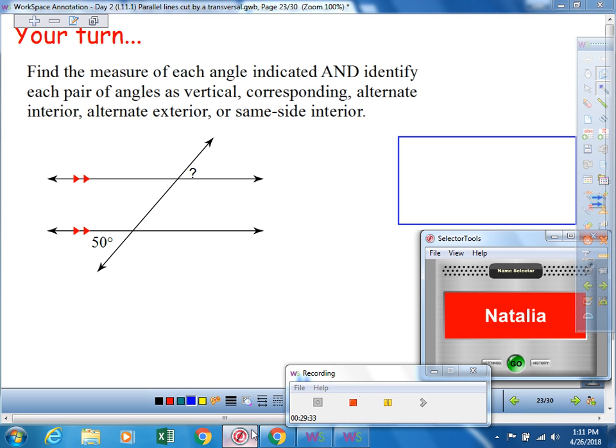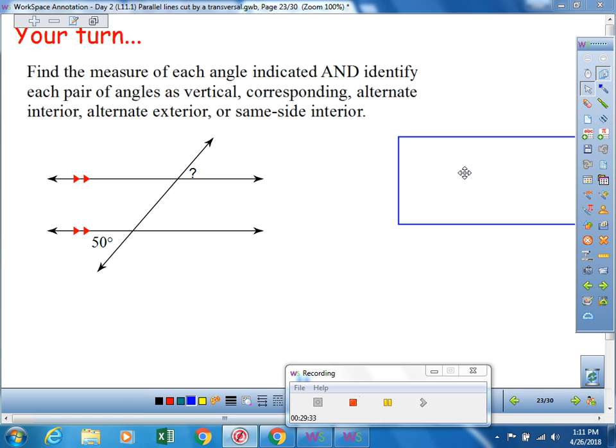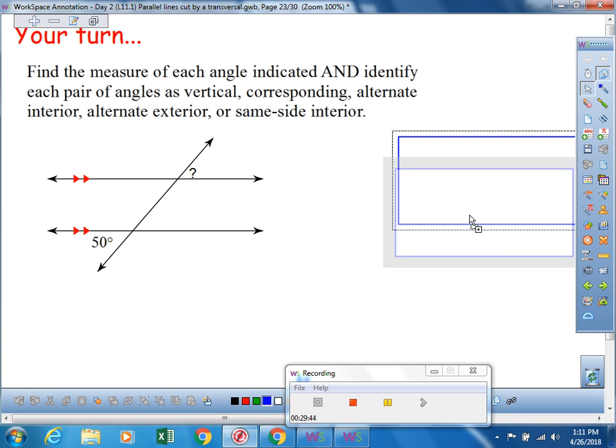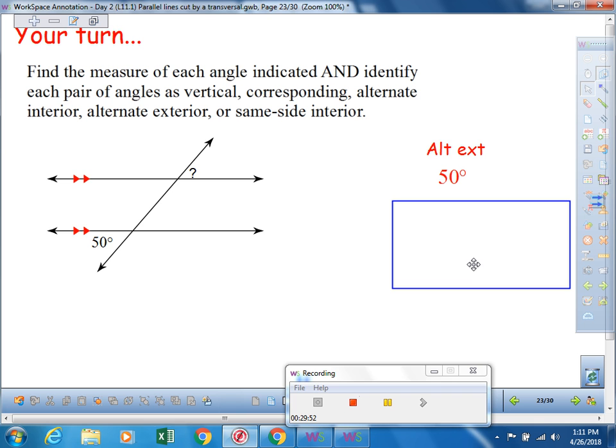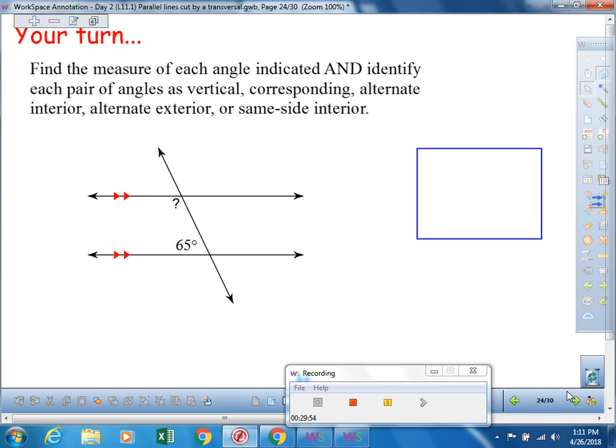Okay. What do you have? Alternate exterior, and what's the angle measure? 50. Okay, they are congruent. Okay, do this one. Write this down.